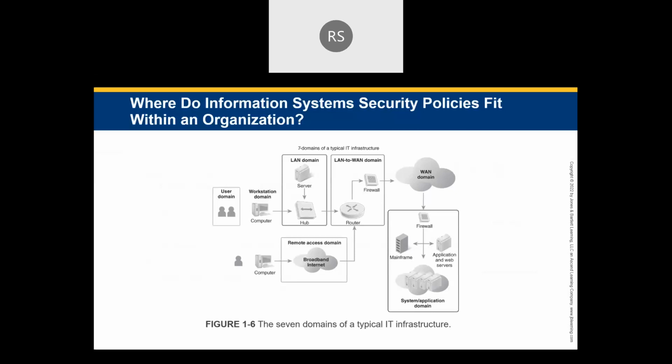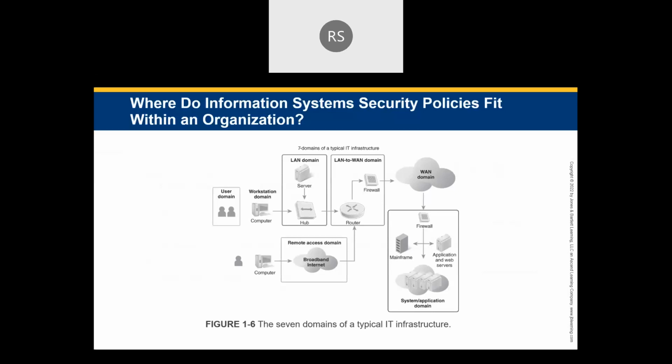The LAN to WAN domain focuses on the connectivity between the organization's local area network and the wider area network. That could be the internet or it could be a private network. It involves managing the routers, gateways, VPNs, and other technologies that enable secure communication between the LAN and external networks.